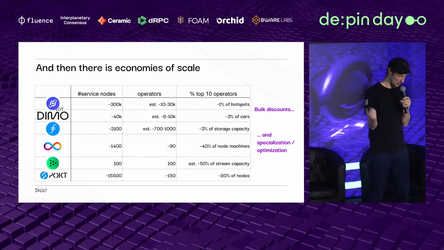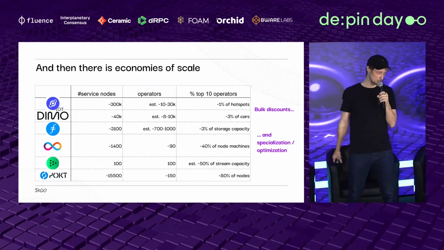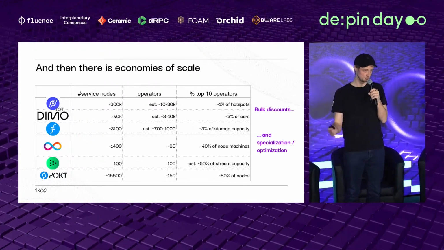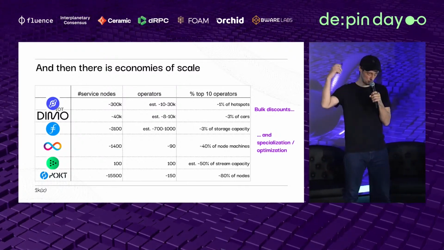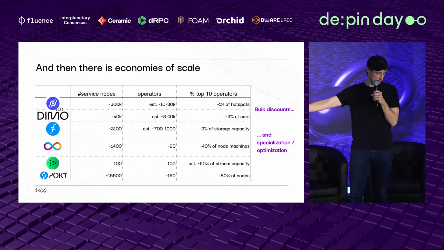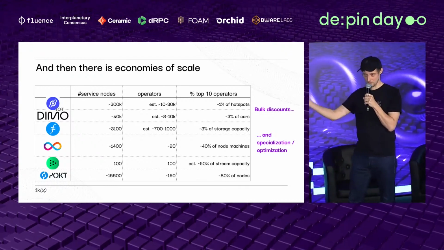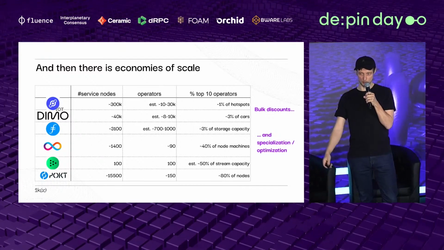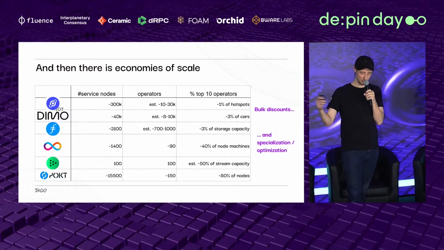Well, we can go on, but there's one major piece that is for sure worth accounting for: economies of scale, right? This is just some examples. If we think back about our roles, the service nodes, for example, Pocket Network at the bottom, there's like 15,000 nodes in the network. But if you look at the operators, they are really transparent about that.